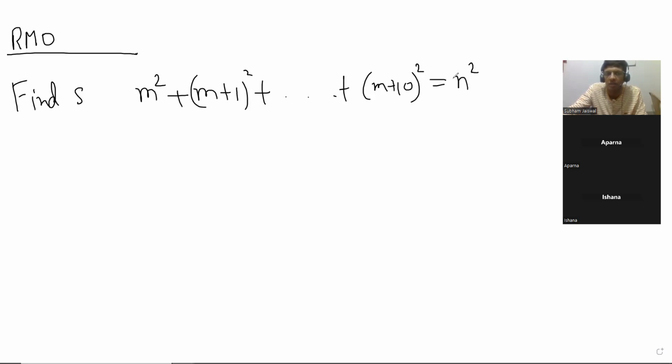Oh, okay. This is number theory. You have to find the smallest value and then find m plus n. Smallest value of m.